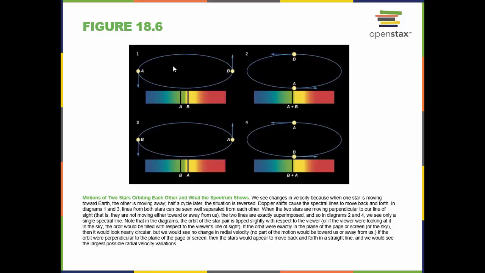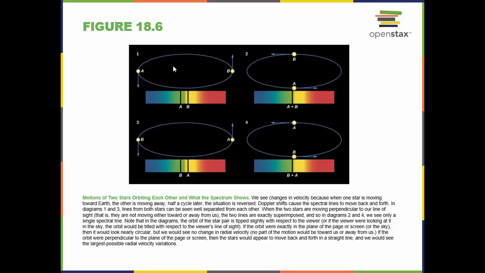And if you remember, if we have stars that are moving towards us, then that spectral line will get blue shifted, or shifted towards a shorter wavelength. And stars that are moving away from us get red shifted.